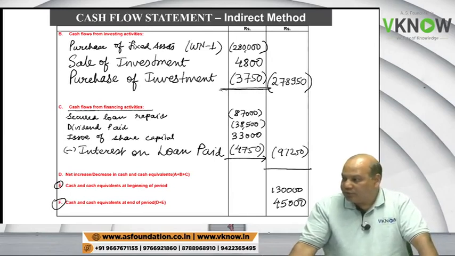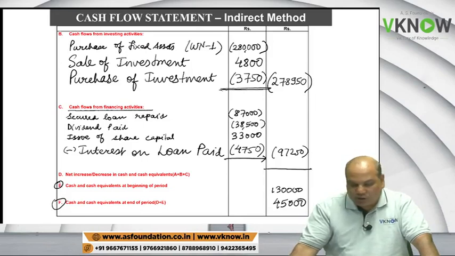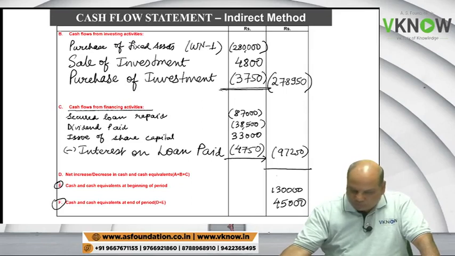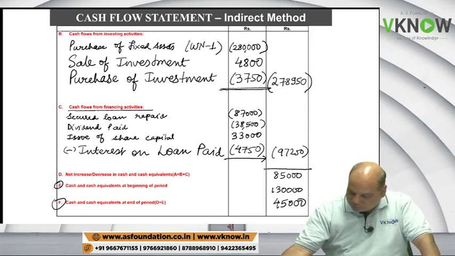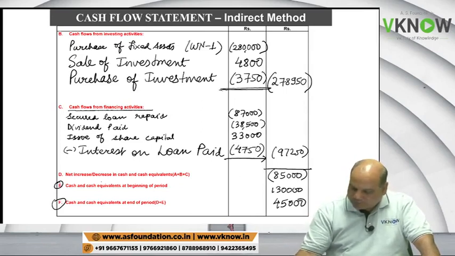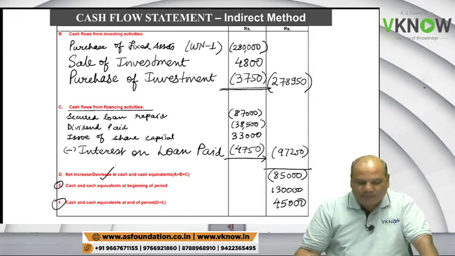Net increase or decrease in cash and cash equivalent is 85,000, negative. Tick mark decrease here.